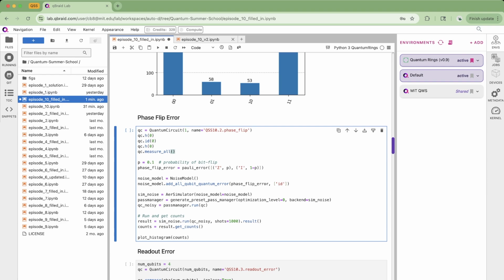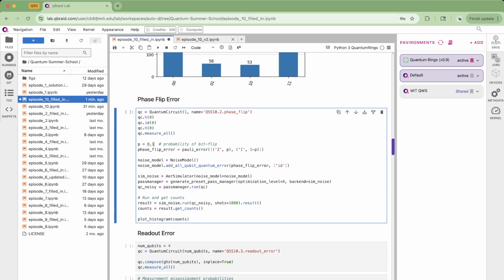But if we have a phase flip error in between, then we're going to get flipped from the plus state to the minus state, and then the last Hadamard will send us down to the 1 state. So we want, let's say, a 10% chance of a phase flip, and that's going to be a Pauli error of Z with probability P. And we're going to apply this everywhere we see the identity.